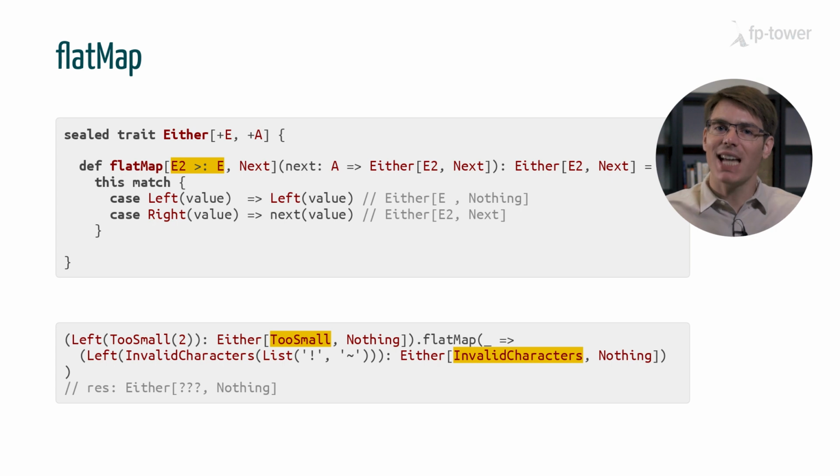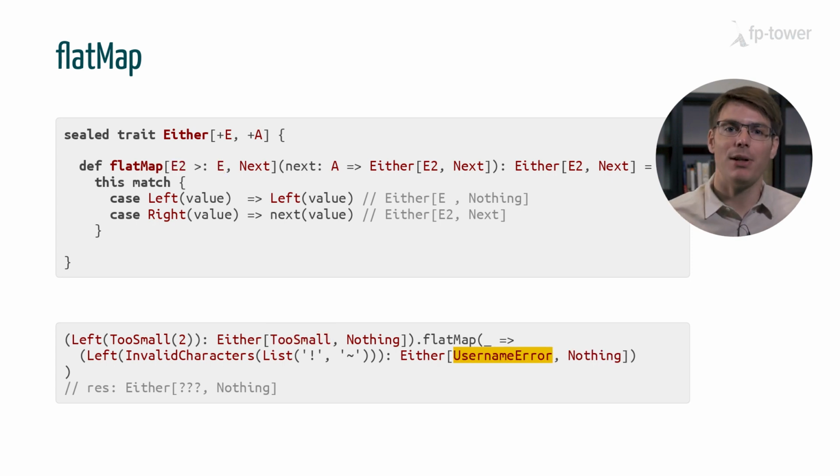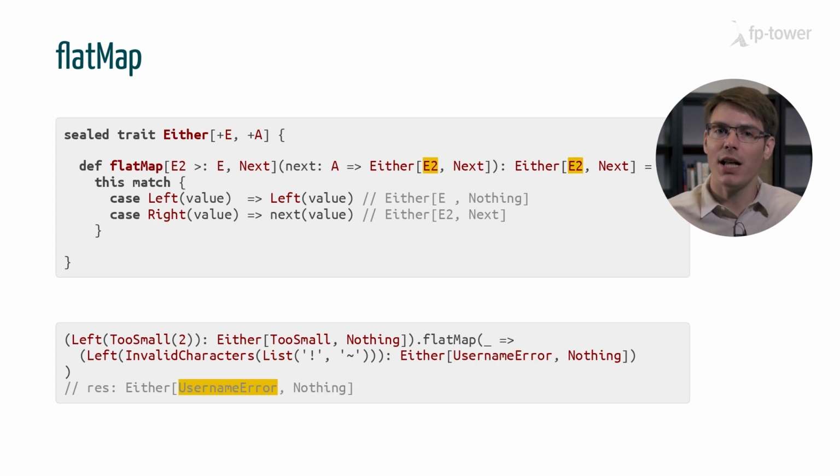However, we have seen that Scala can upcast the type inside an Either so that it matches the expected type. This is exactly what's going to happen here. Scala tries to find the first parent of InvalidCharacters so that it is also a parent of TooSmall. In this case, the correct answer is UsernameError.